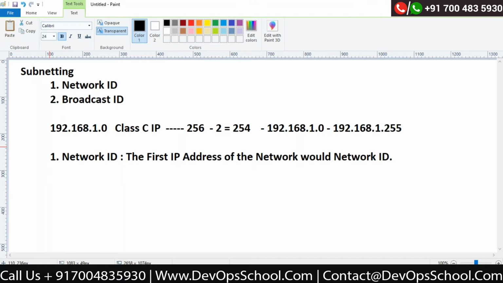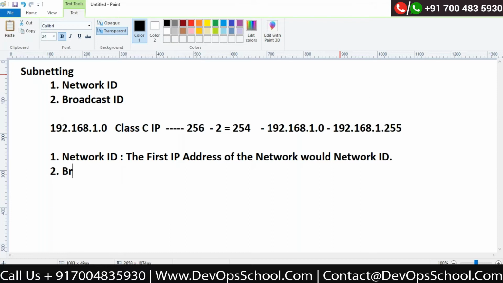Remember that. So we cannot practically use two IP addresses for any network, because the first IP address is considered the network ID for that entire network. My network could be identified with the network ID, and the last IP address, which is 192.168.1.255, is the last IP address of that network.